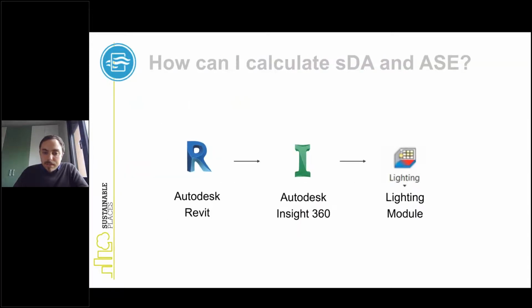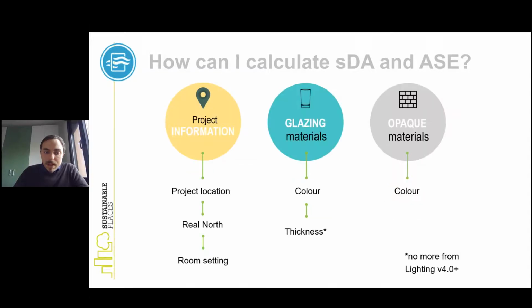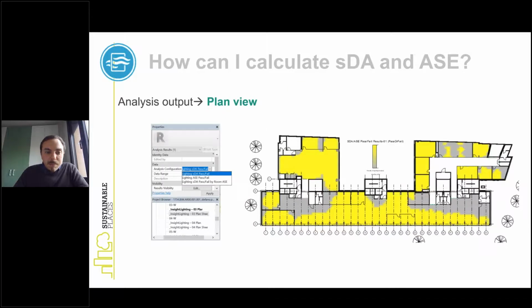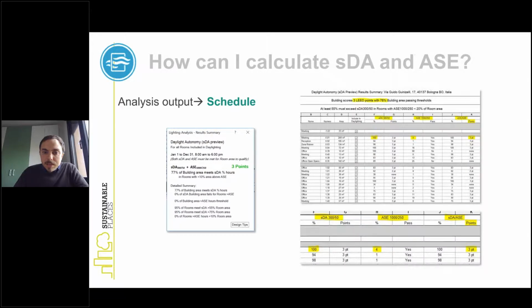There is a plugin inside Revit, Autodesk Insight 360, and putting in the information about the project, glazing, and material, you can have this plan view with the daylight analysis of the project, and also a schedule with the information on the percentage of illumination of daylight areas, and also windows with the number of points, the credit points for LEED certification.